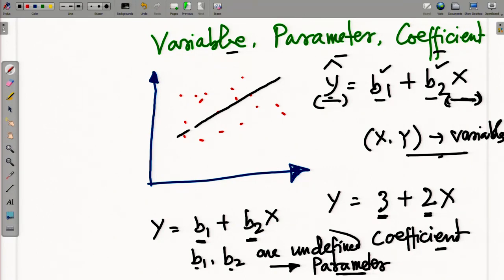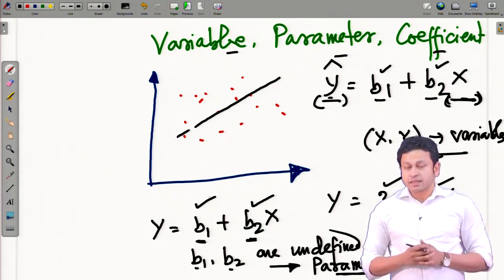You can have a slope coefficient and a constant term, which is the intercept. Similarly, you can have a slope parameter b2 and a parameter for your constant term. That is how we define these three terms: variable, parameter and coefficient.